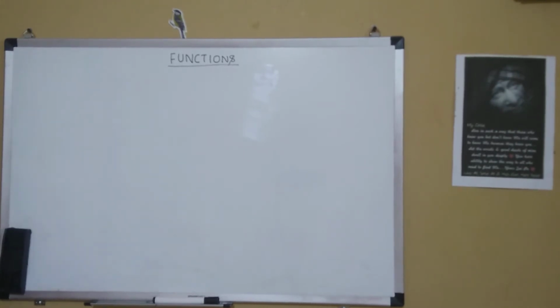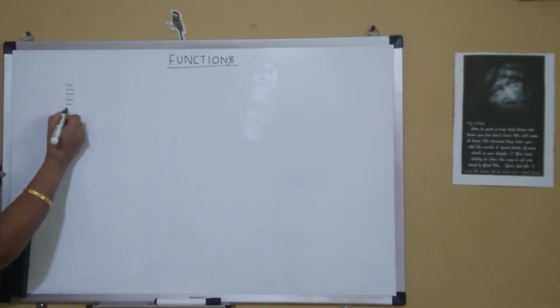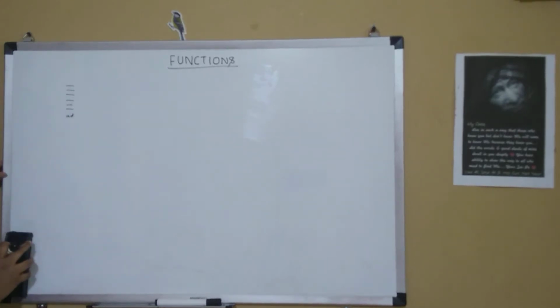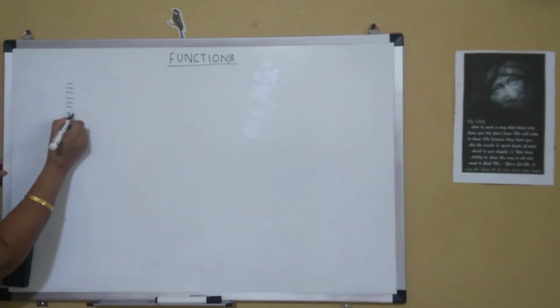So in today's session, let's see why we need to go in for functions, what are the uses of functions, how to define a function, and how to call a function. Firstly, suppose we have a big code. We have n number of lines of code, and here we have to perform addition of two numbers, that is 3 plus 5.